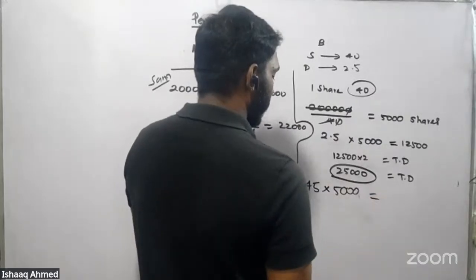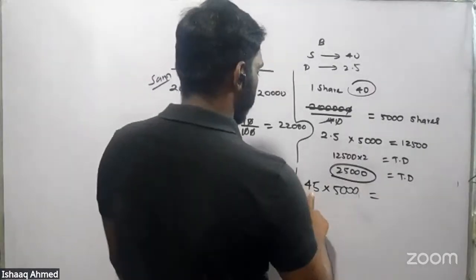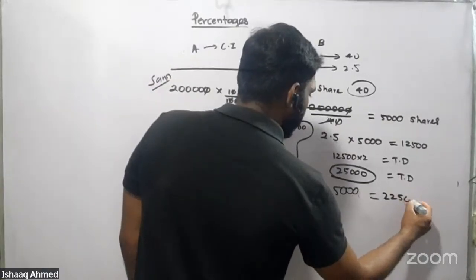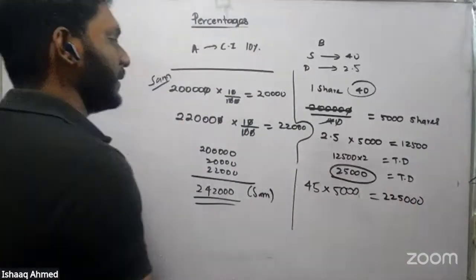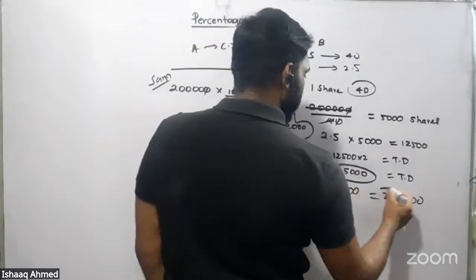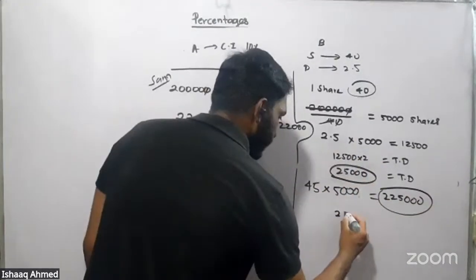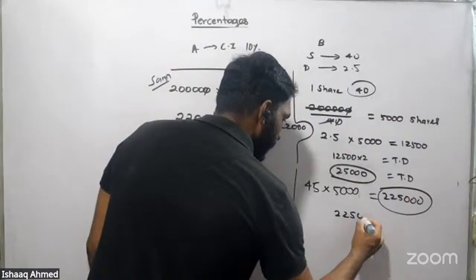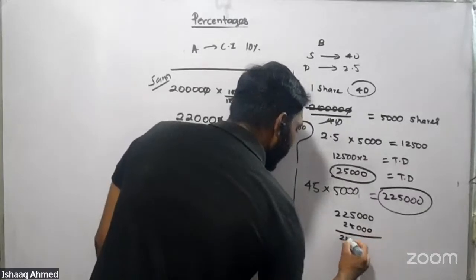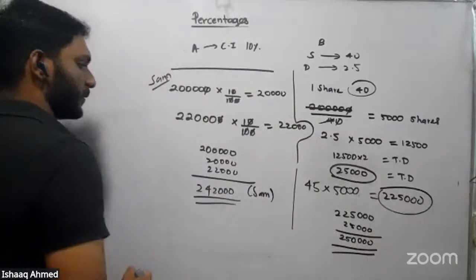So that is 225,000. He sold for 225,000. How much is his dividend income? That is another 25,000. Totally, how much will Kamal have? 250,000.